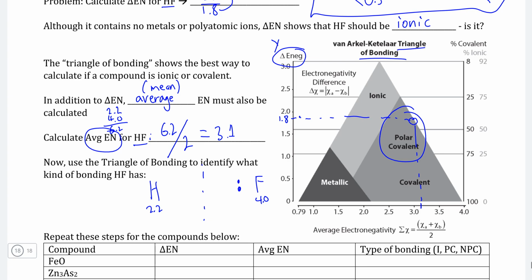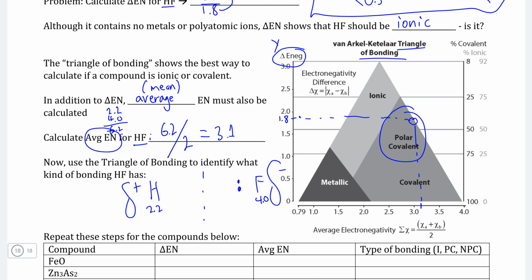Because the electrons in this bond are much closer to fluorine than hydrogen, that gives fluorine a very strong but still partial negative pole, and gives hydrogen a very strong positive pole, even though this technically isn't an ionic bond.